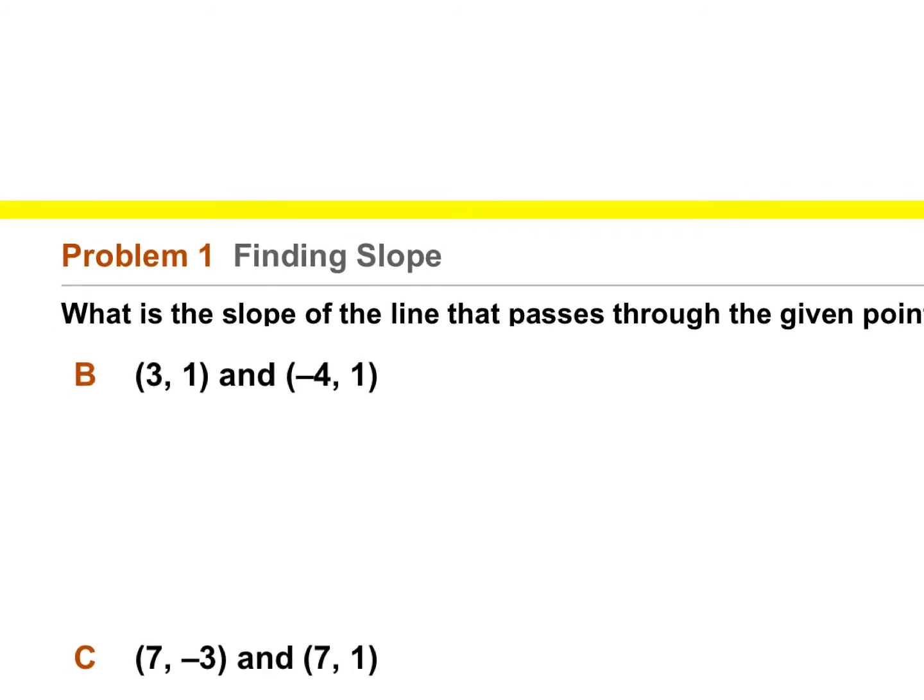Again, we're doing the same thing. Our formula is y2 minus y1 over x2 minus x1. So I have x1, y1, x2, y2, and I just need to plug in everything. So 1 minus 1 on the top, and negative 4 minus 3 on the bottom.